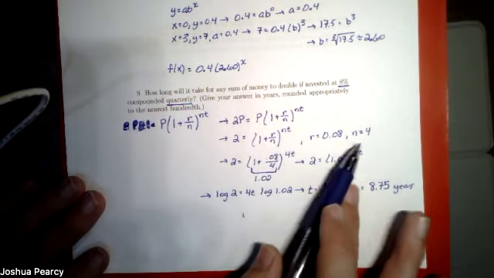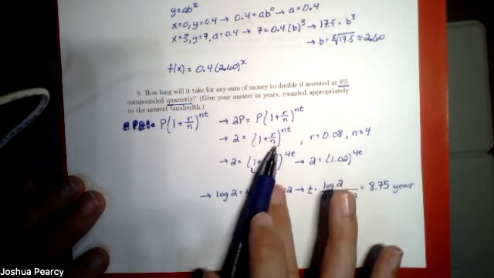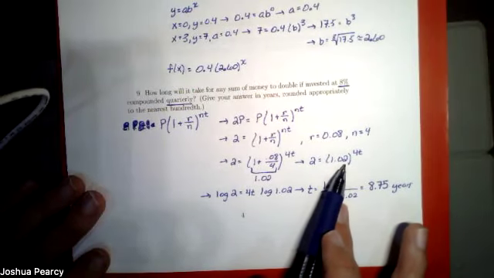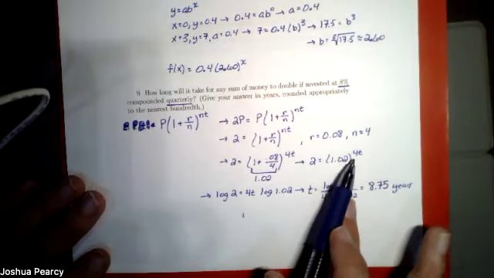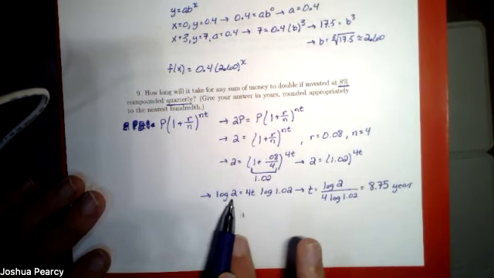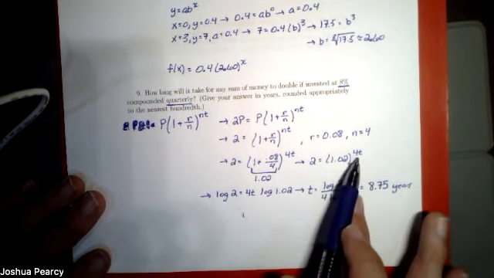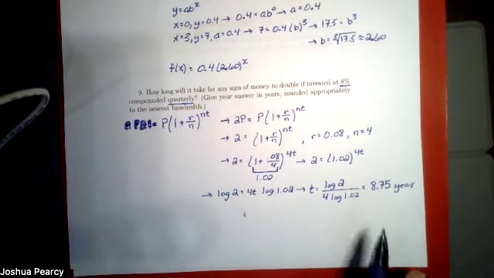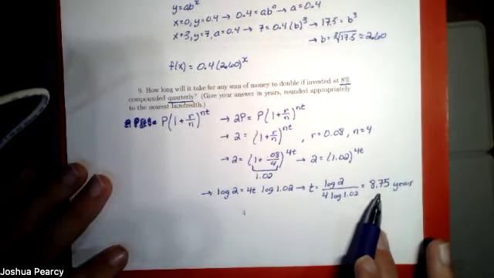We were given r and n, so we could plug those in and simplify the inside piece to 1.02. Once we have it in this form, we take the logarithm of both sides, use the properties of logarithms to bring the 4t out front, and then divide everything else over that's not the t by itself. And once we do that, we get 8.75 years.